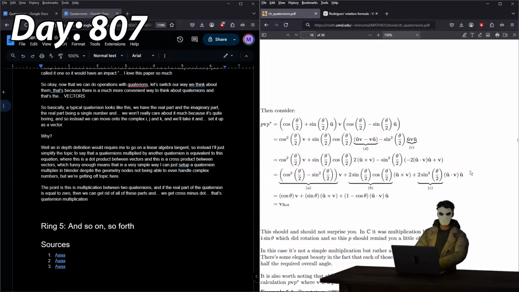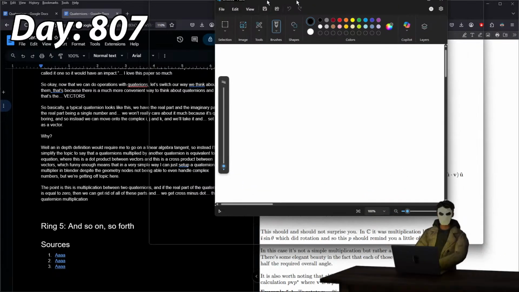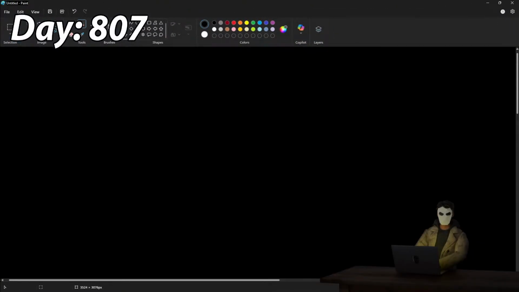So minus u dot v plus u cross v. However, then it's multiplied by the u, which means... Oh my goodness, I need paint for this. This is absolutely ridiculous and unbearable.